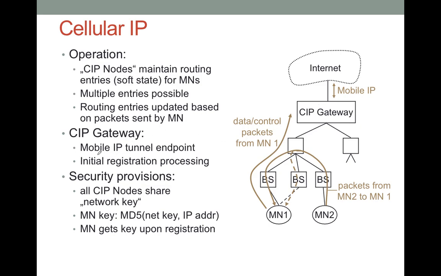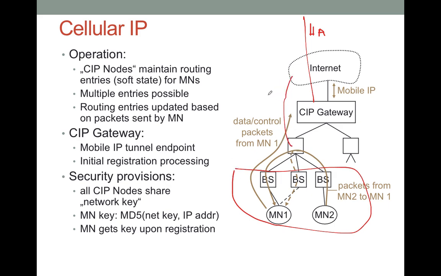The CIP gateway is the mobile IP tunneling endpoint and handles initial registration processing. So if you can see over here, you've got the home agent. If possible, any communication that happens in this particular subnet will not go outside.